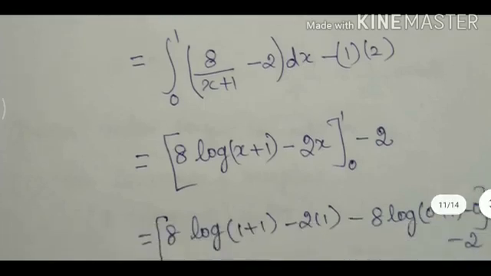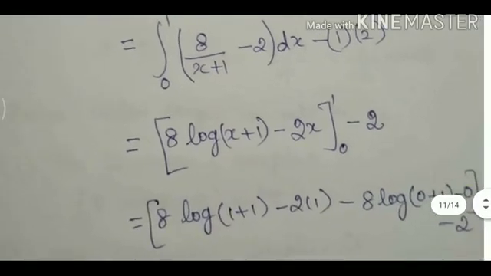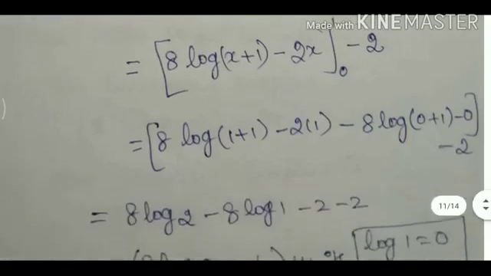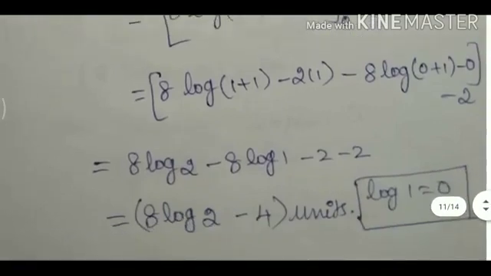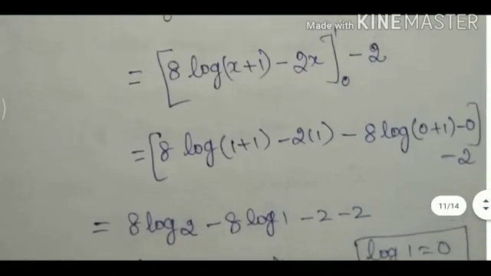Therefore we are getting 8 into log (x plus 1). That is, if you integrate 1 by x, we are getting log x. Likewise, 1 by (x plus 1), we are getting log (x plus 1). So 8 by (x plus 1) becomes 8 log (x plus 1), and minus 2 integrated gives 2x. The limits are 0 to 1, minus 2.